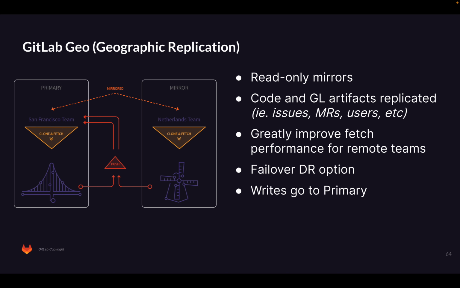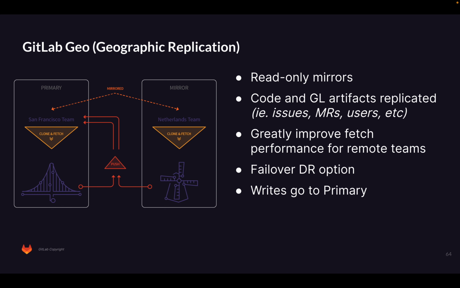Then you can use Geo to sync all the data from the primary to the secondary. And once both of these are in sync, you can promote the secondary to a primary, and then at the end shut off the old primary, so to say, and then your new primary instance is your new installation.